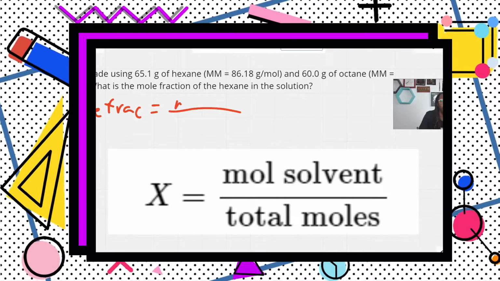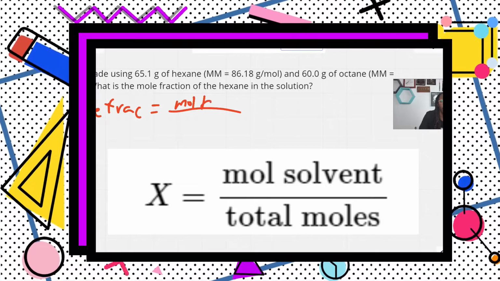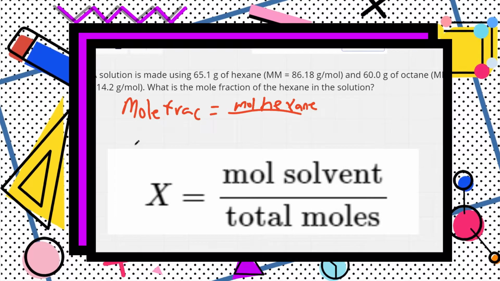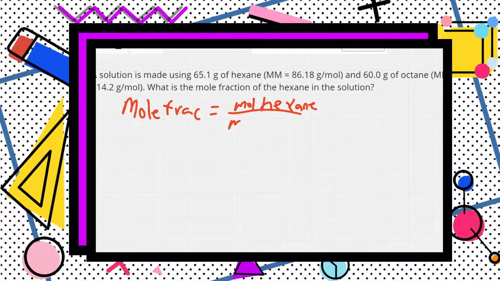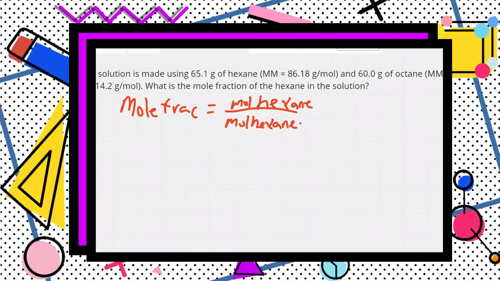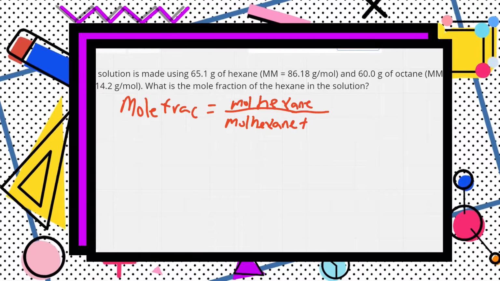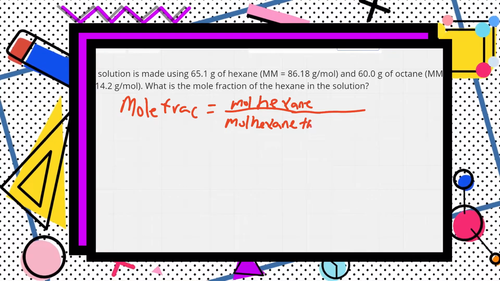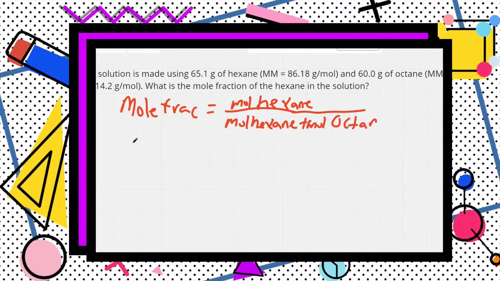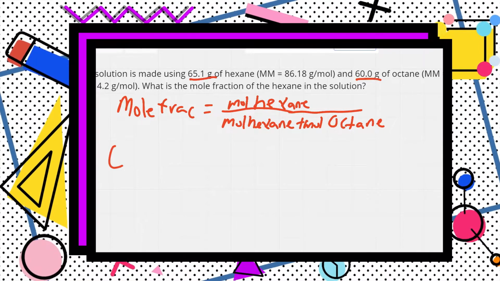You have your moles of hexane on top, and then what do you have on bottom? With the fraction, you got your whole solution. So in this case, I got moles of hexane, and I have, let me make that line longer, moles of octane. Okay, so this is what my equation is going to be. Now, what are we missing here?